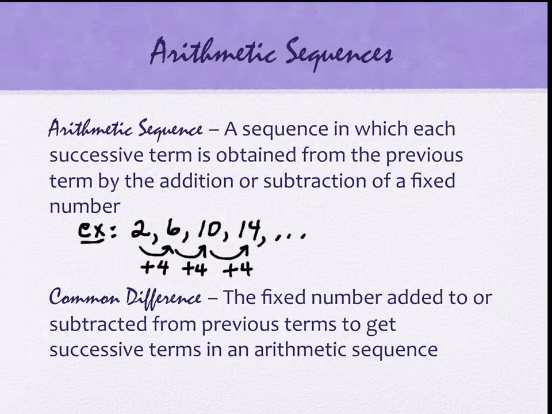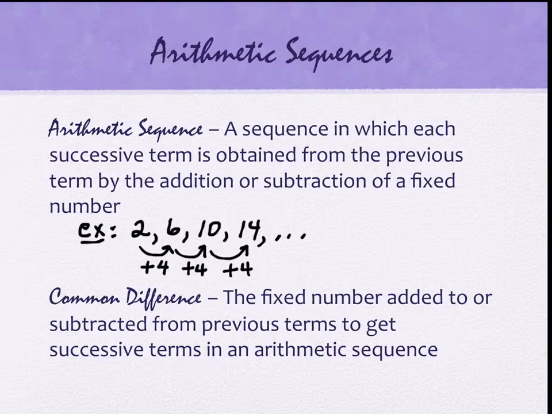That's arithmetic. We could flip it around. We could start with 14, go 14, 10, 6, 2, dot, dot, dot. We could do it that way too. And then the common difference, or the value we would be changing by every time, would be subtracting 4. So the value would be minus 4.